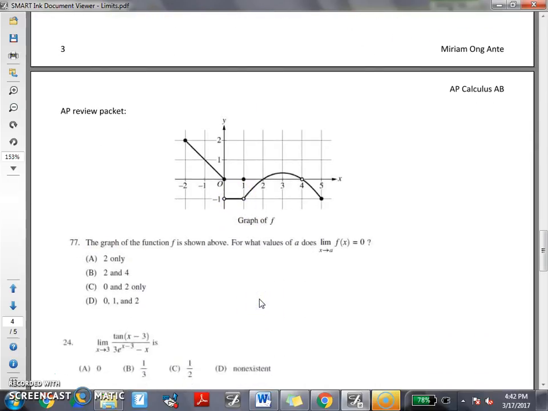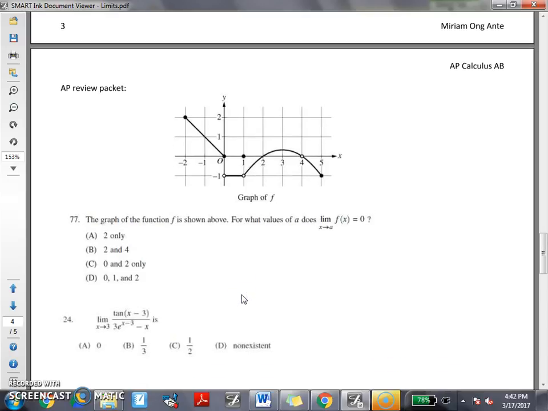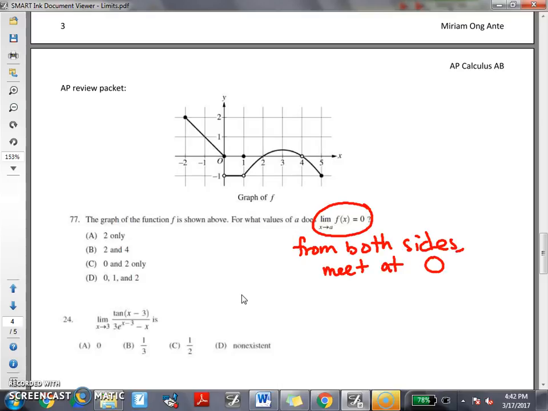So I have the problems from the AP review packet that I got you guys. I have them here, so you can redo the problems since now we can do it, okay? So for number 77, it says, for what values of a does the limit equal 0? So this means from both sides, they meet at 0 on the y value.